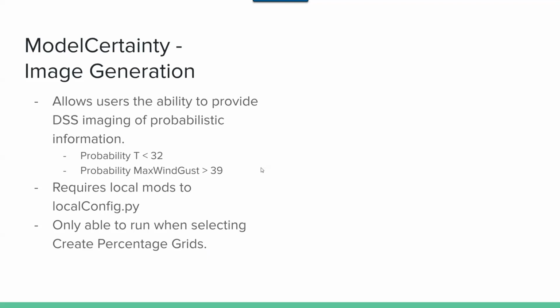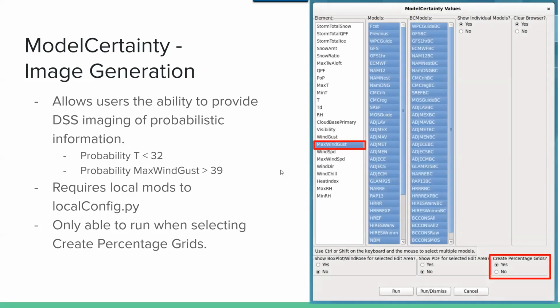Another fun little thing, and this again does require a little bit of setup work. It's just a quick little mod to the local config and turning something on within the ModelCertainty configuration. You have to set a variable to true that you want to do image generation.